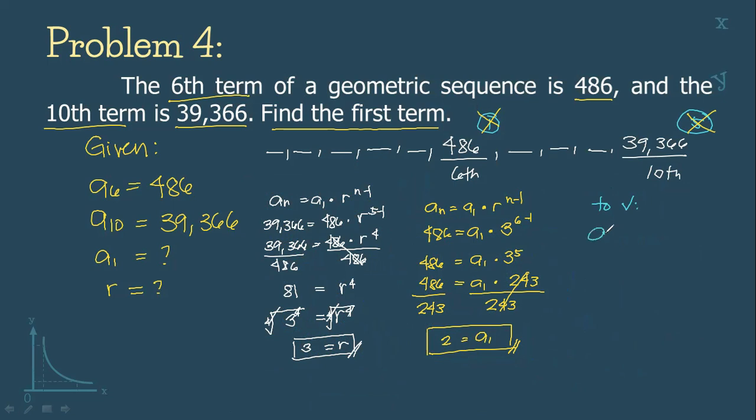So we have again a sub n is equal to a sub 1 multiplied by the common ratio n minus 1. So our last term is 39,366 is equal. The first term is 2 multiplied by the common ratio of 3 raised to pang ilan po, si 39,366, pang 10 po siya. So minus 1.